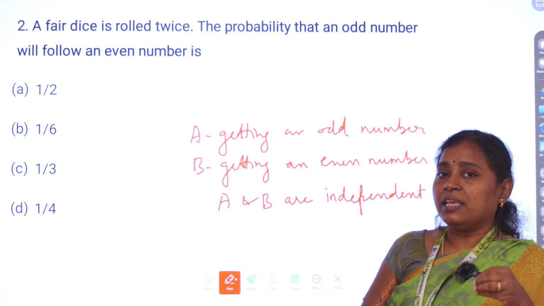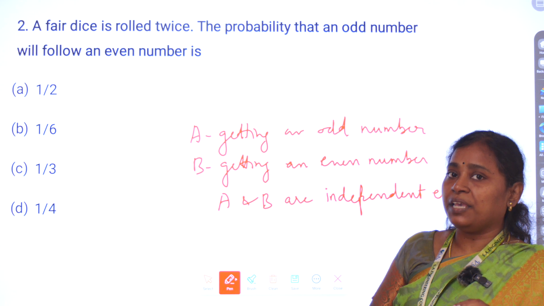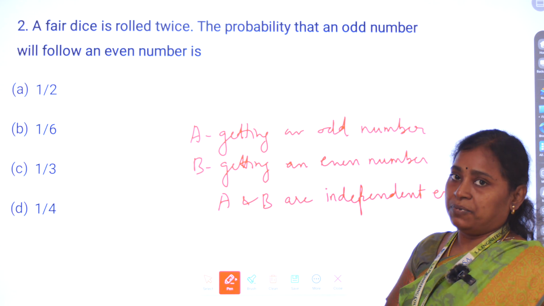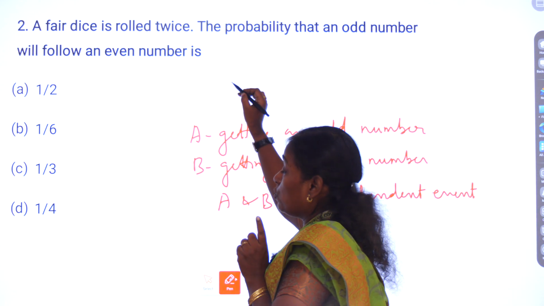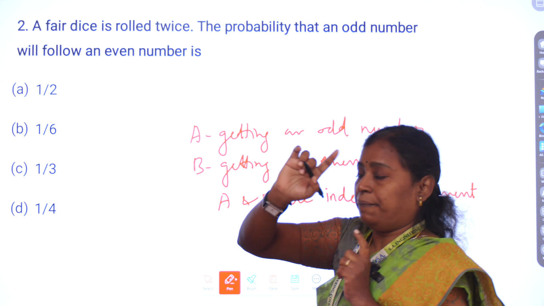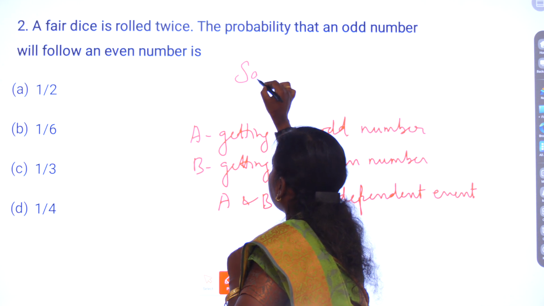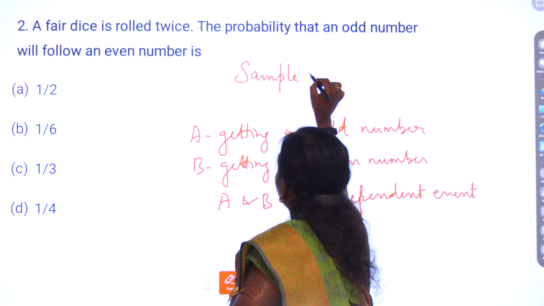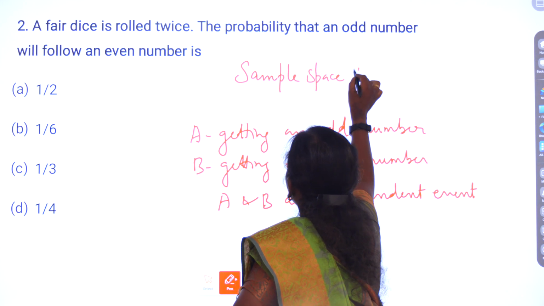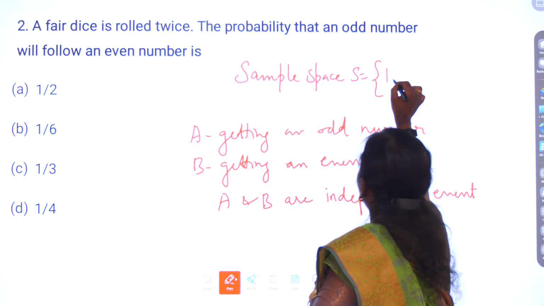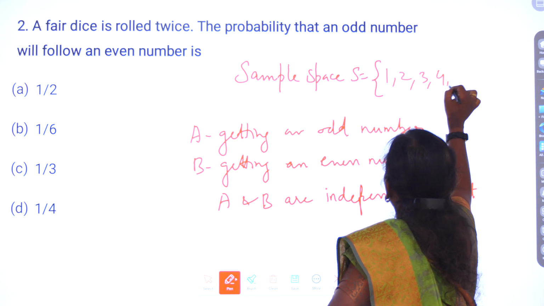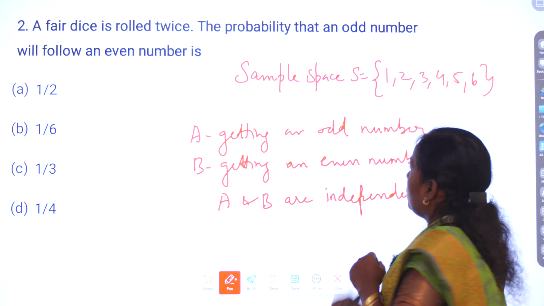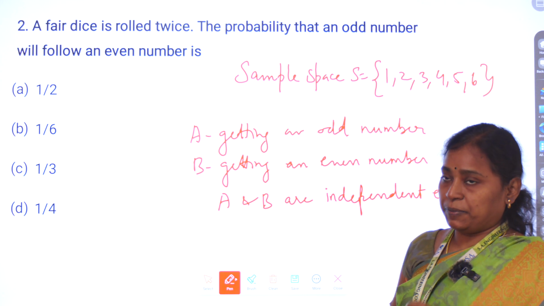Then again you are taking the same die and rolling it, and getting an even number. So you are talking about only one die. So your sample space S is 1, 2, 3, 4, 5 and 6. So this is your sample space.